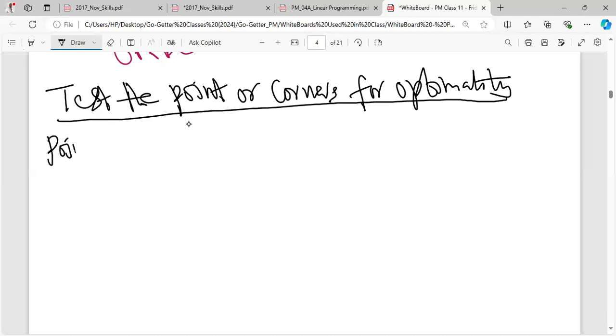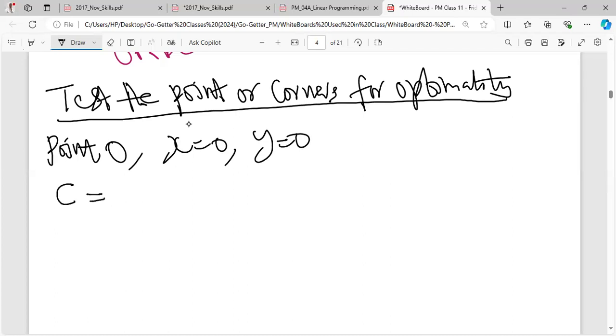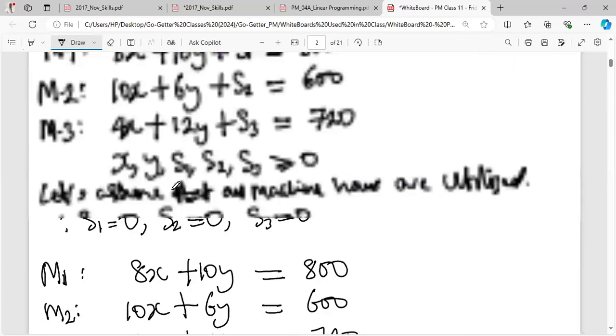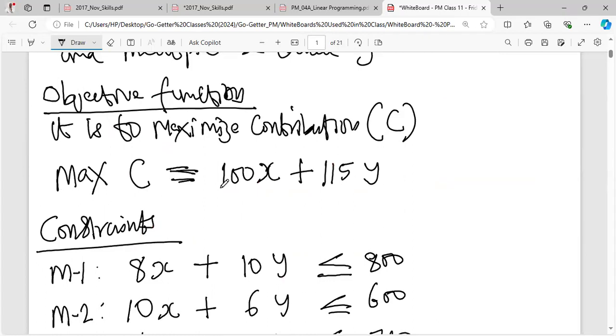Here, x is 0 and y is 0. Our contribution is C already. We know our contribution function from way back when we were formulating the linear programming model. We say C is 100x plus 115y.